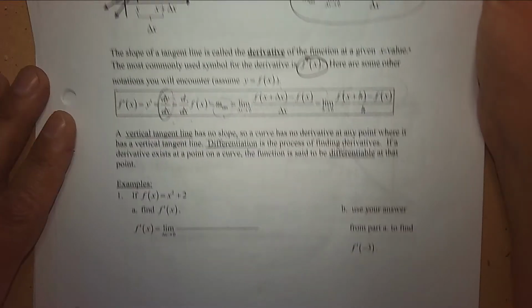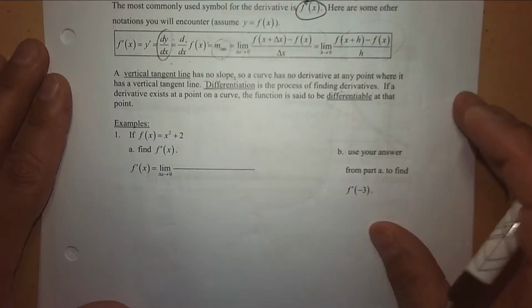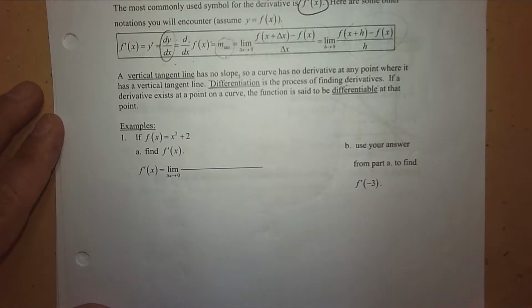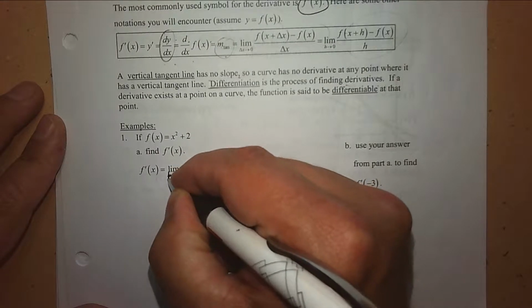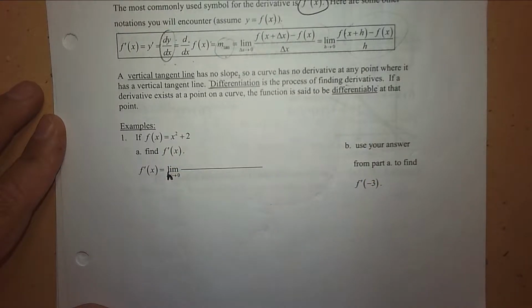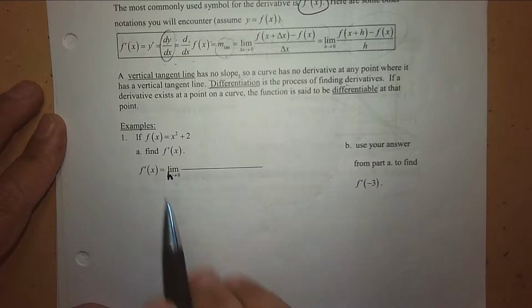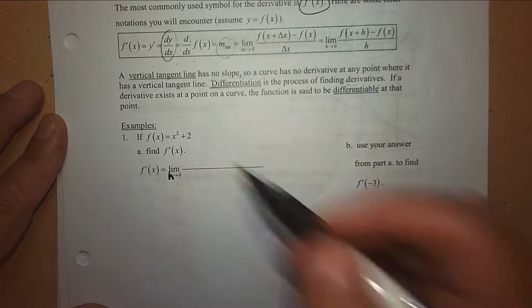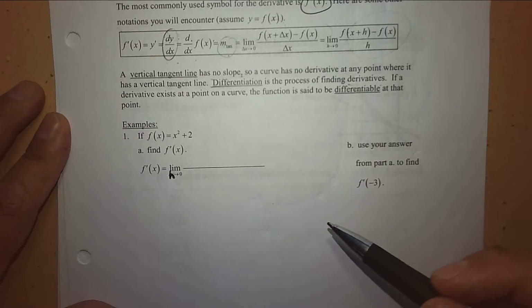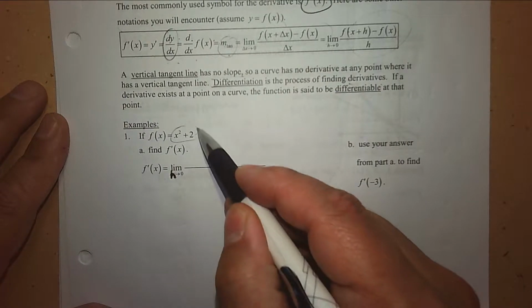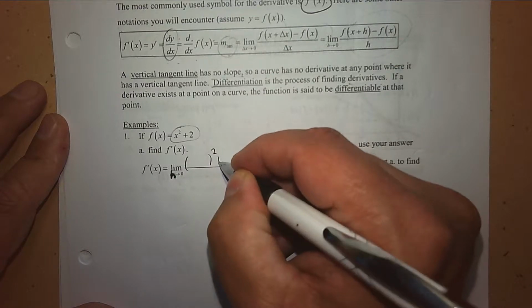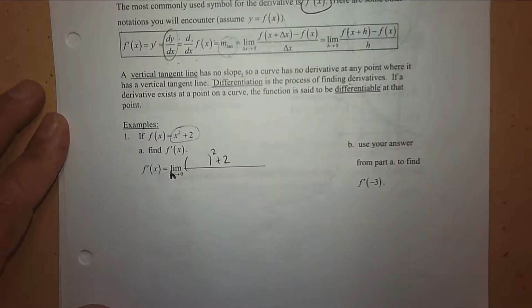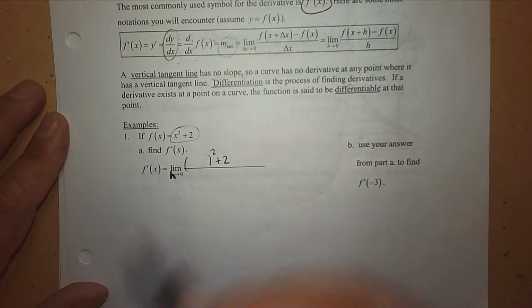So let's look at example number 1. How would you find the derivative, and I'm going to change that change in x to just what again? H, because we like that better. So how do I find the derivative of that function using the limit definition? So do you see the function here, x squared plus 2? Instead of x squared, I'm going to put in parentheses squared plus 2. Something's going to go inside those parentheses.